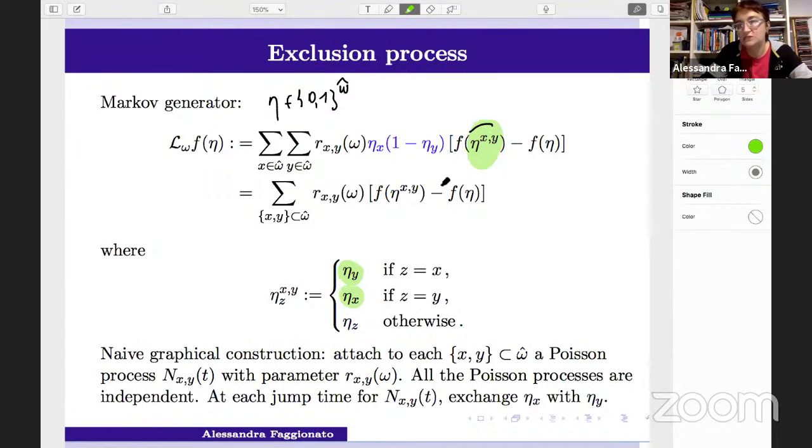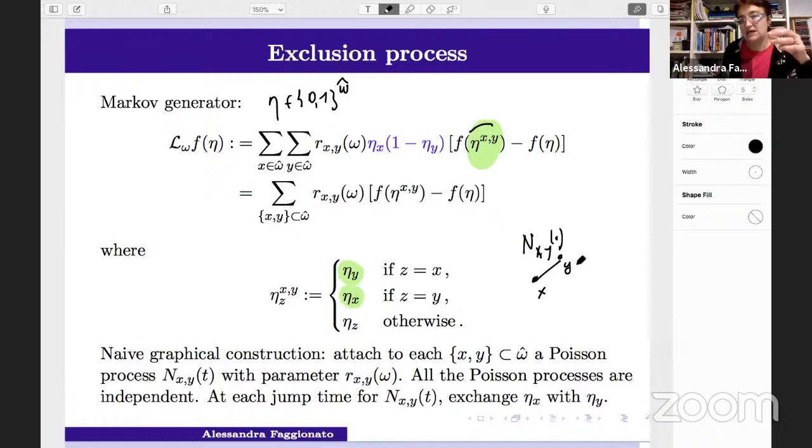Now we have at this point to make some assumption, because it's not obvious that the exclusion process exists. There is a naive graphical construction. For each ordered pair x and y in Ω̂, you attach a Poisson process with intensity given by the jump probability rate between x and y.